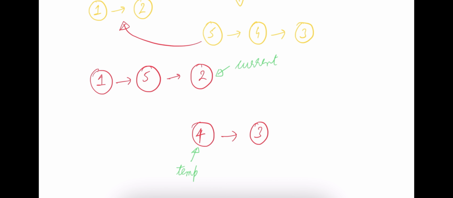Here we can add a simple check: if current dot next is null, then we can simply update current dot next to point to temp, and we will be done. This is because the length of the second half is bigger here.